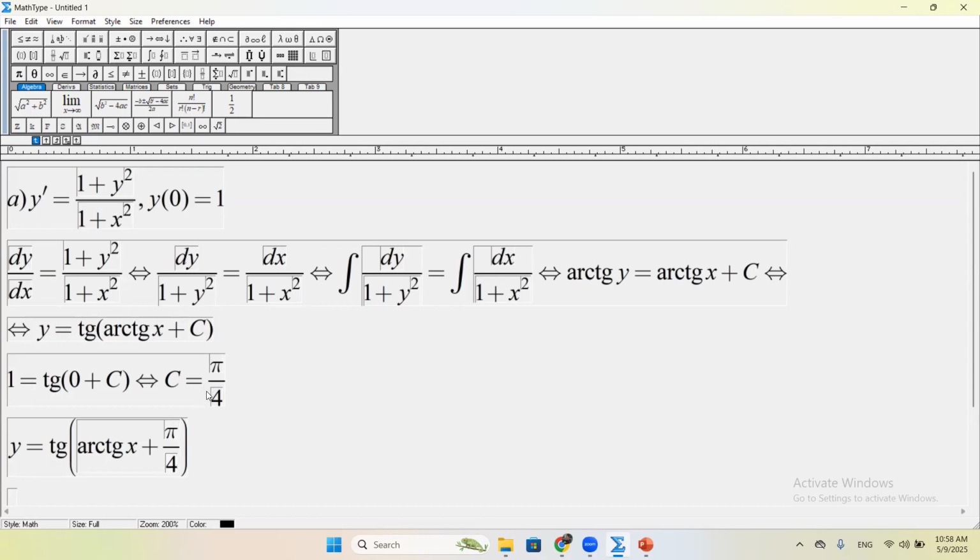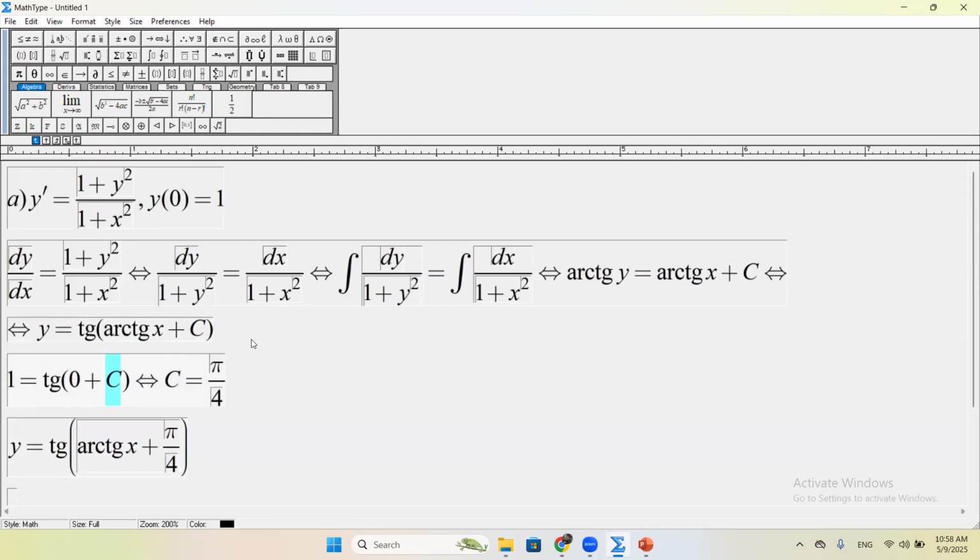Any questions about this exercise? So actually, nothing frightening with finding general solutions. You just have to solve this equation with respect to c.